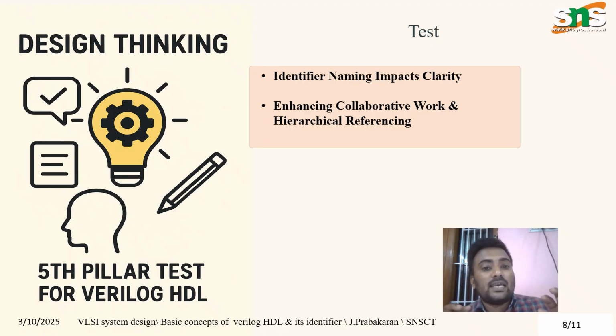Poorly chosen or similar names increase cognitive load, causing confusion and misinterpretation, even among experienced developers. Enhancing collaborative work or hierarchical referencing, clear, distinct names reduce errors in large teams by preventing accidental misuse of similarly named variables or functions.